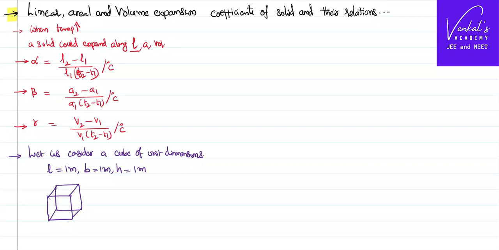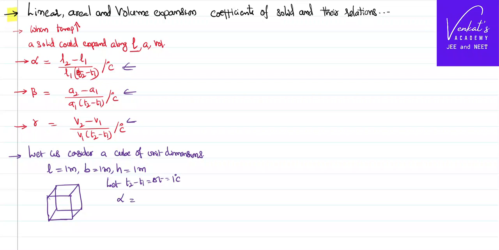We are raising the temperature by T2 minus T1, increasing the temperature by 1 degree centigrade. What happens to these three things in that case? Let us try to identify.